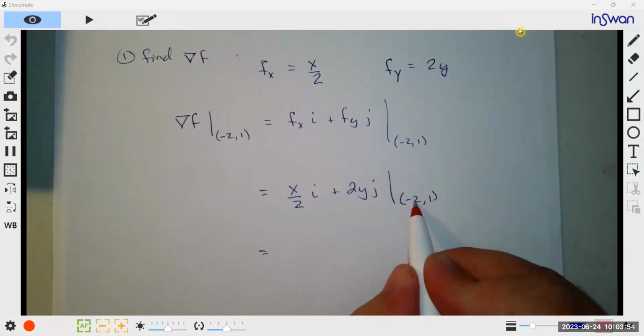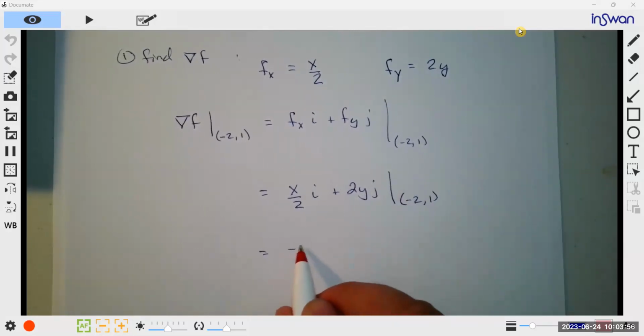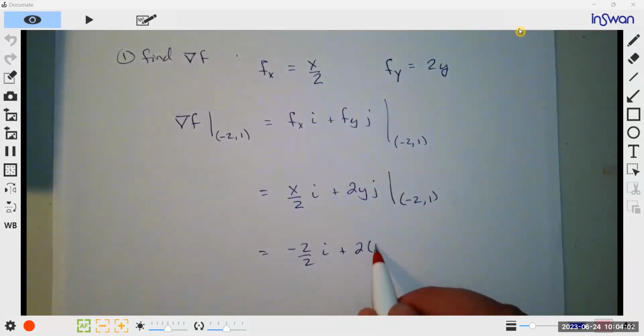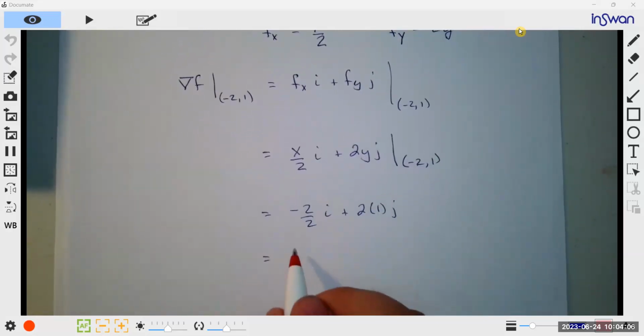So anywhere we see an x, put a -2, and anywhere we see a y, put a 1. Which equals -i plus 2j.